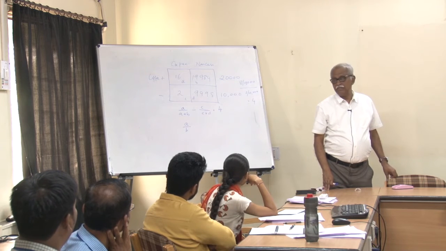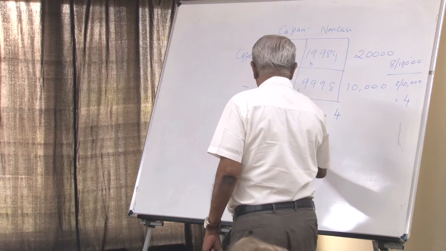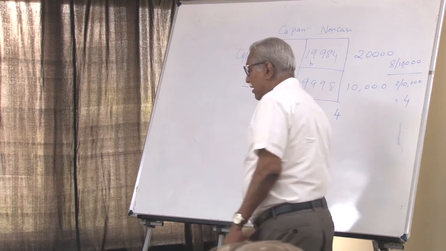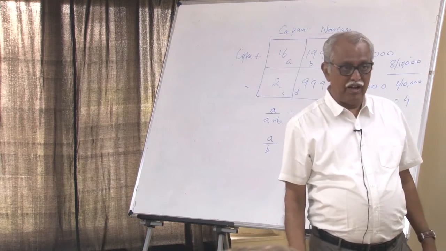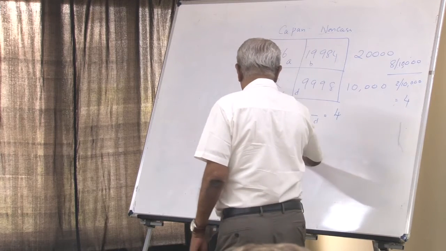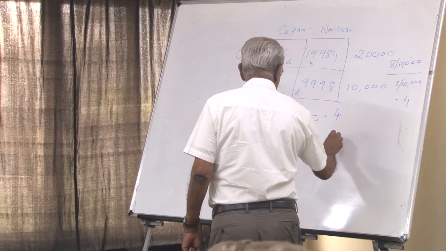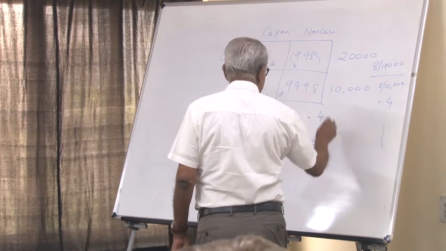Similarly, C by C plus D is almost equal to C by D, provided C is small in relation to D. So I divide one by the other, I get AD by BC, and if I do this, I'll find it is 4.002.